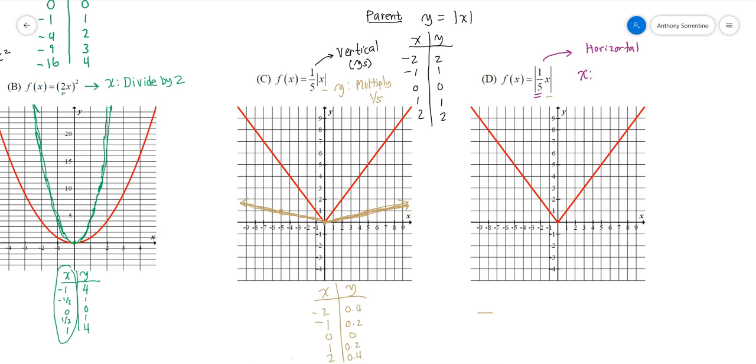So what am I going to do to my x coordinates in order to come up with the graph of this function? Well, now the operation I'm seeing here is a multiplication of 1/5. So this is telling me I should be dividing the x's by 1/5, which, by the way, is the same thing as multiplying by 5.